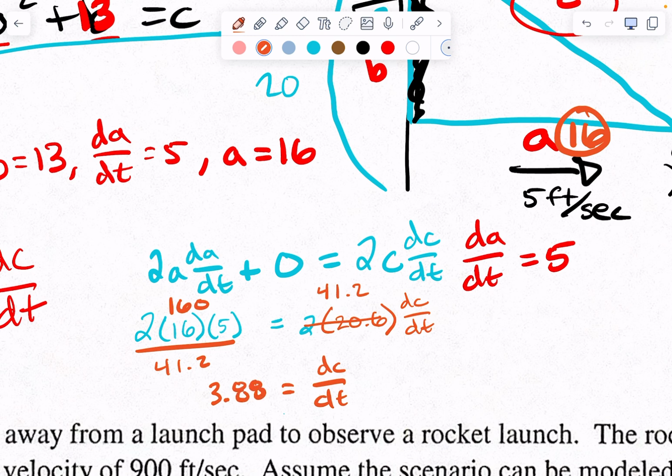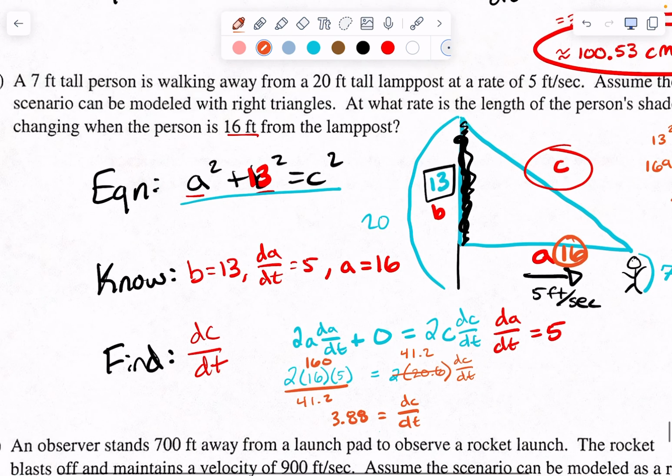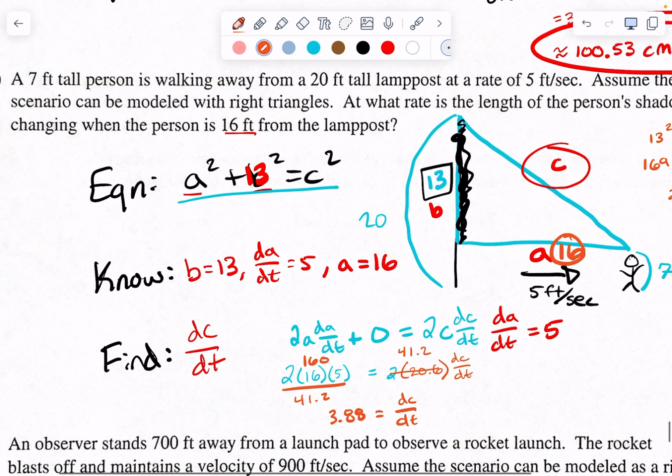What per what? Feet per second. Yeah, it's changing at a rate of about 3.88 feet per second. That sounds right.